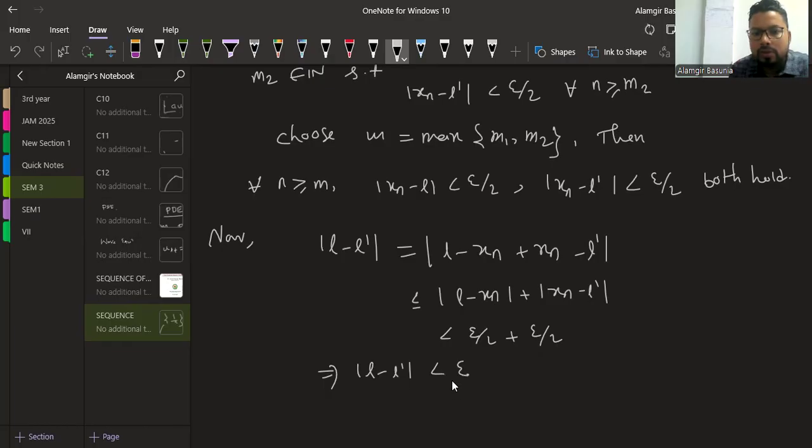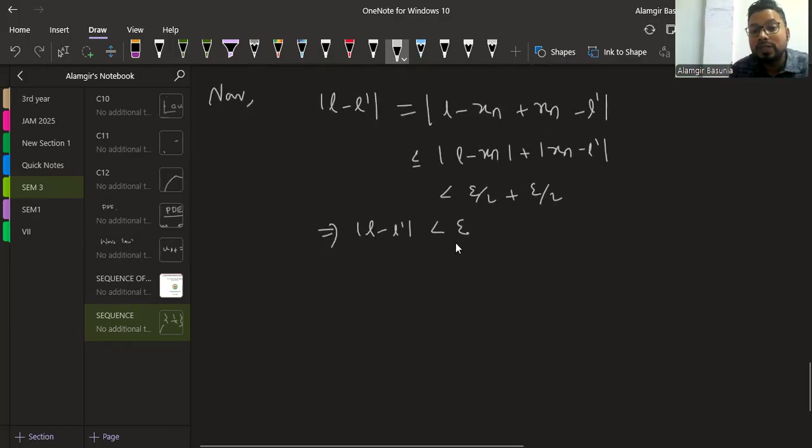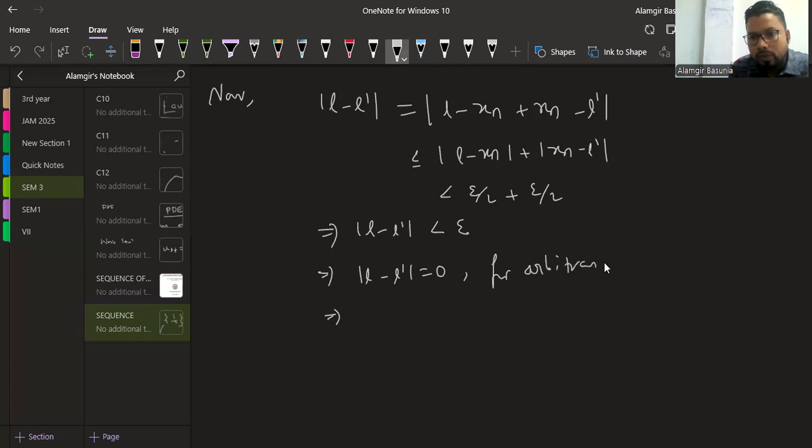is less than epsilon. So if this happens for every epsilon greater than 0, any arbitrarily chosen epsilon, you will always get less than this one. So it basically implies mod of L minus L prime, obviously, should be 0. This implies, for arbitrary values of epsilon greater than 0, both are the same.